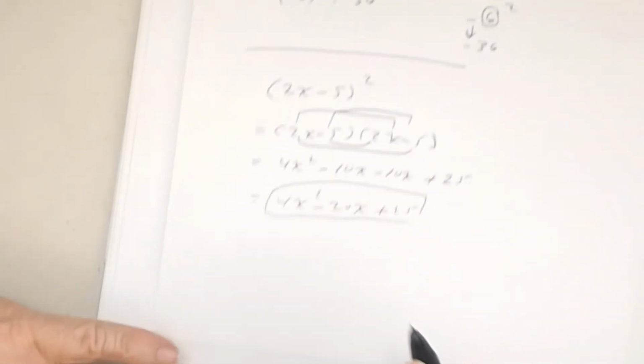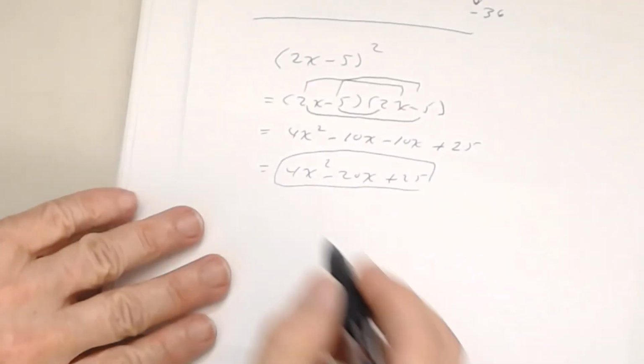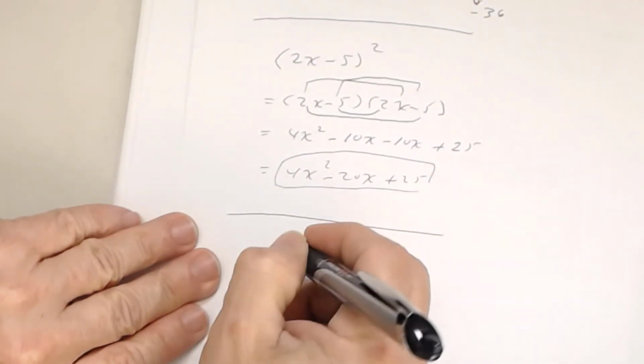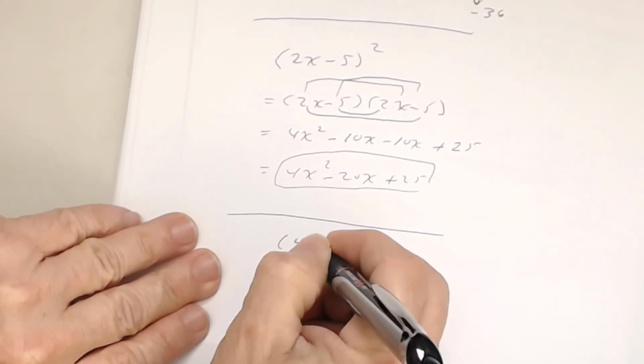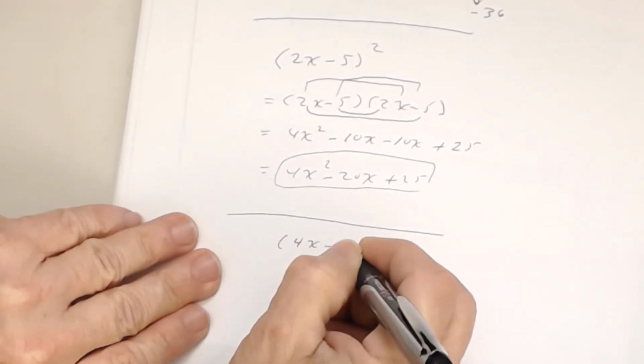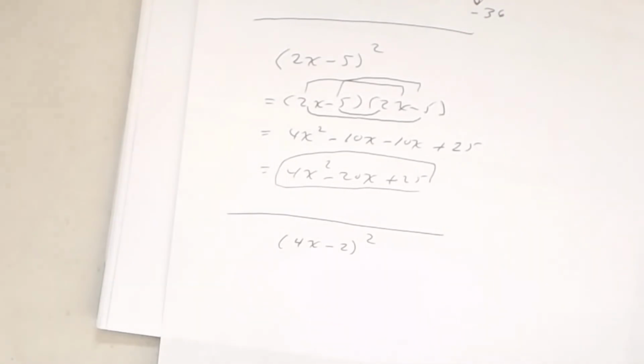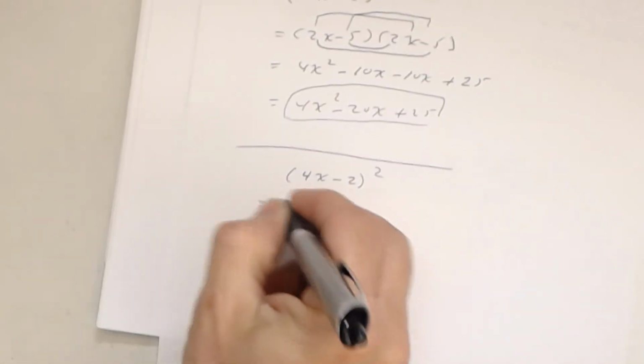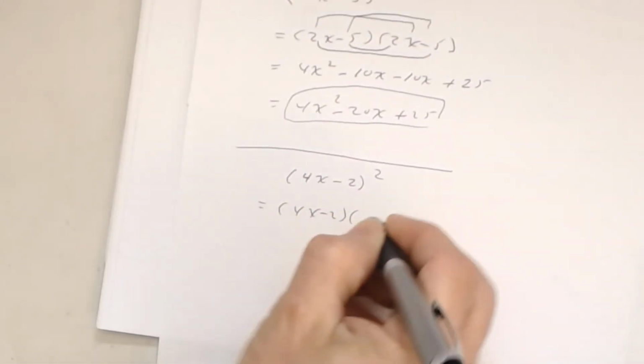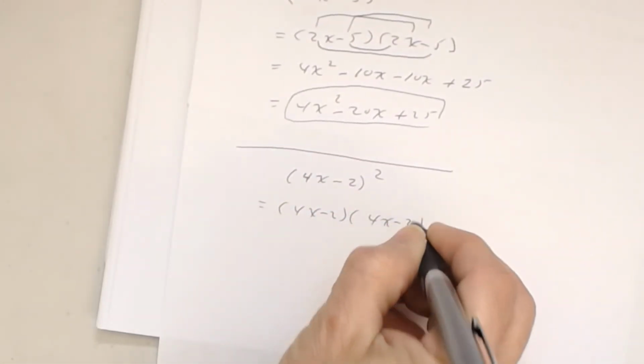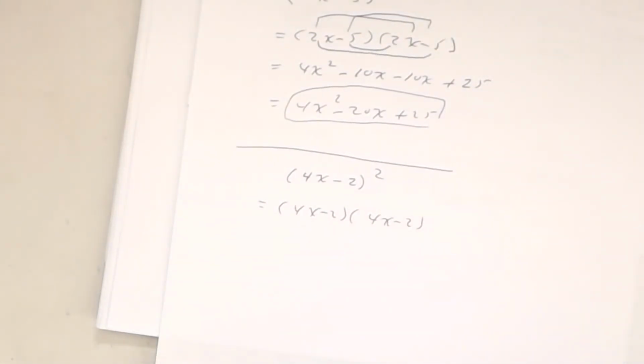Okay, let's do one more with this. All right, suppose you had 4x minus 2 squared. So you say 4x minus 2 times what? 4x minus 2. That's the first thing you need to do, write it out so you can see you're going to use the FOIL method. Now use the FOIL.